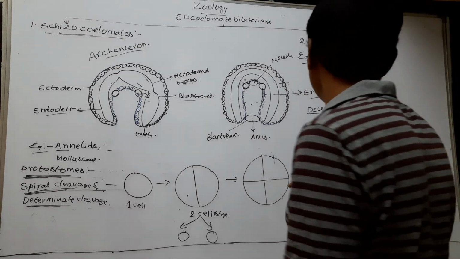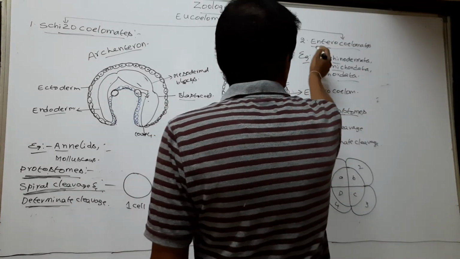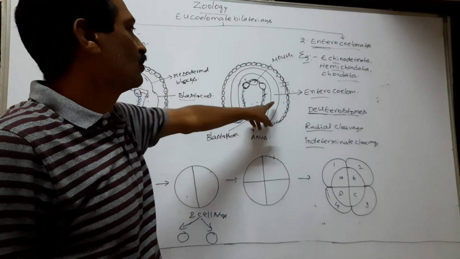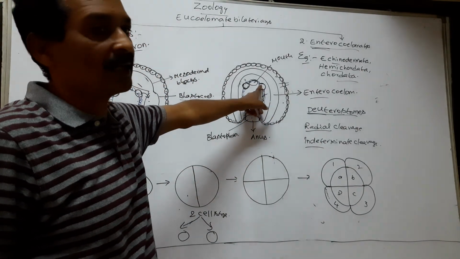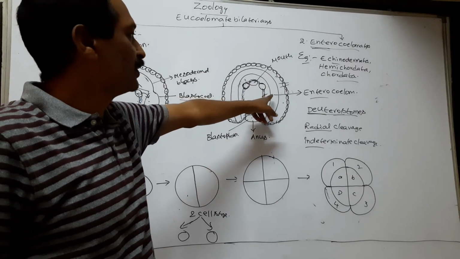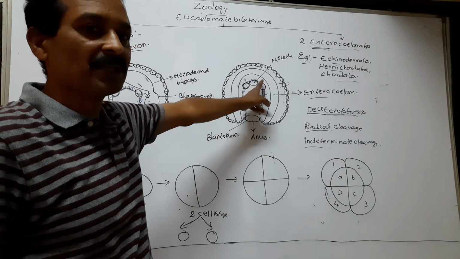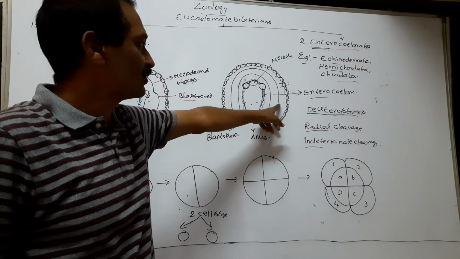So these are the enterocoelomates. In the enterocoelomates, the true coelom is formed from the archenteron. First, mesodermal pouches arise from the archenteron, which are released into the blastocoel.